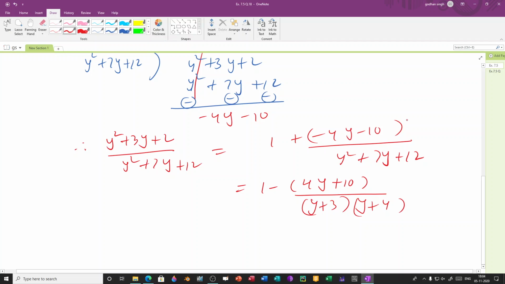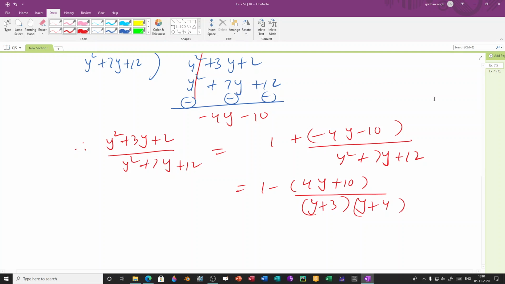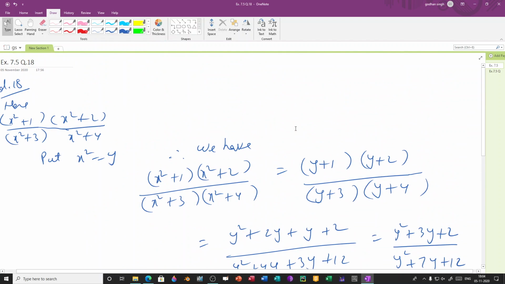Let me write this on the next page so it will be easier. Let's write down the initial function, that is (x square plus 1) into (x square plus 2) over (x square plus 3) into (x square plus 4). This is to be written in brackets.